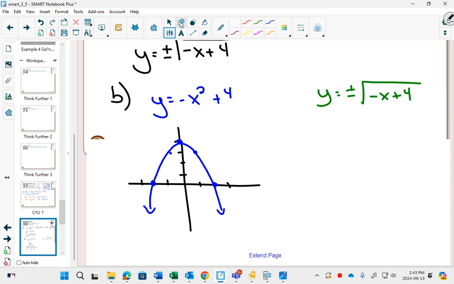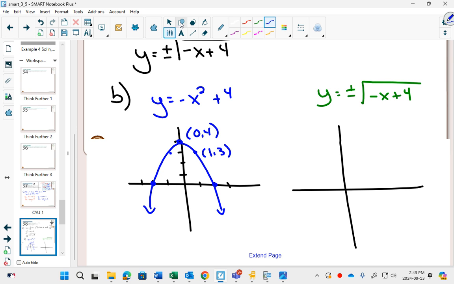And if you're graphing an inverse, if you have the original graph, it's going to be the easiest just to switch x and y. So for example, on my original graph, I have 0, 4, I have 1, 3, I have 2, 0, I have -2, 0, and -1, 3.